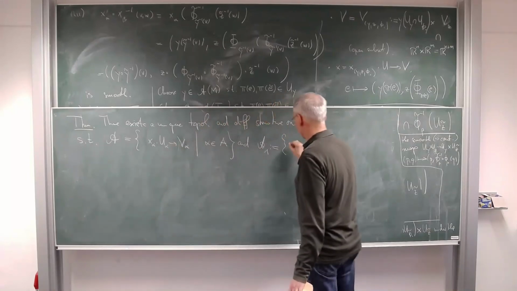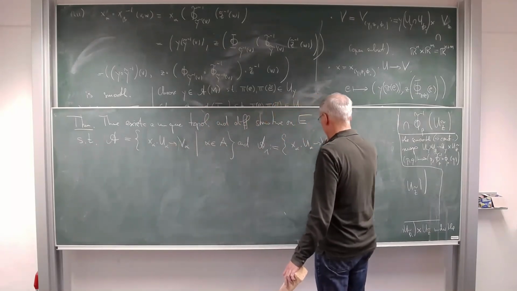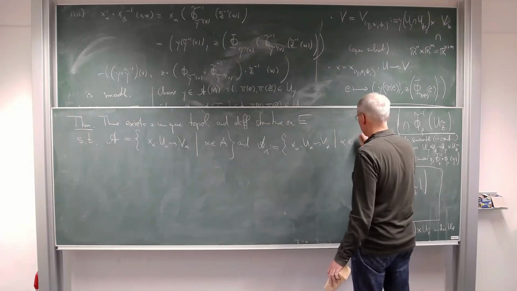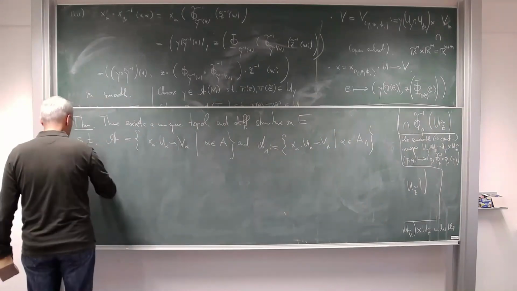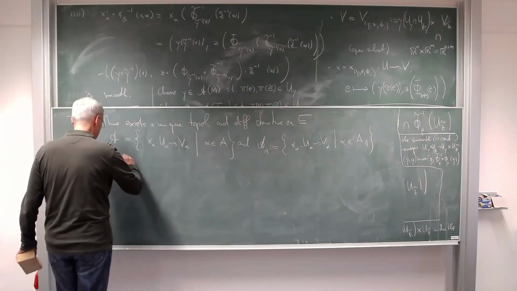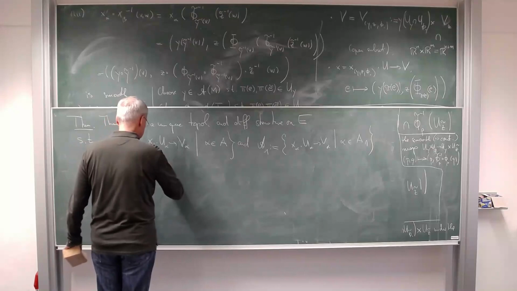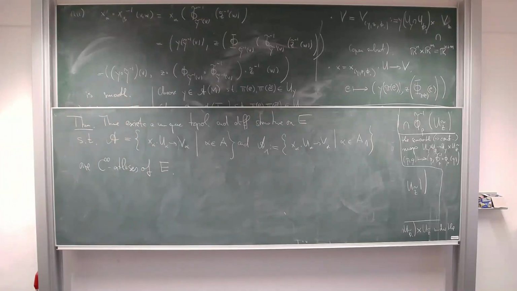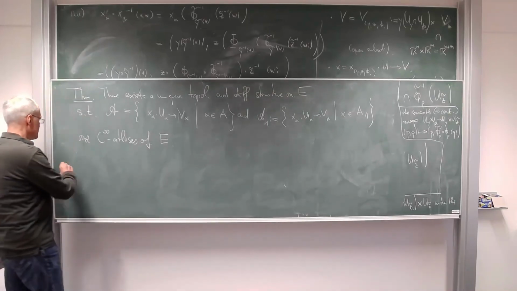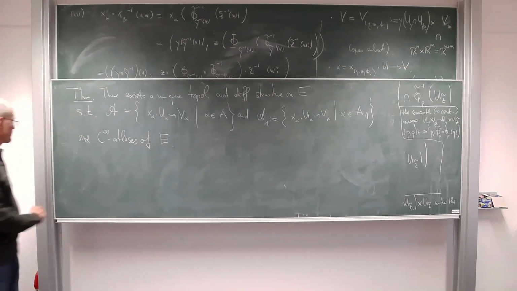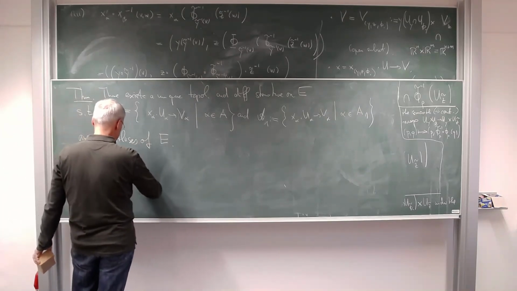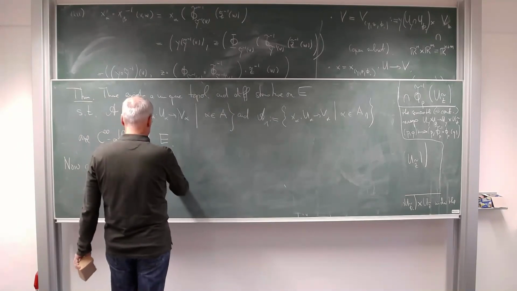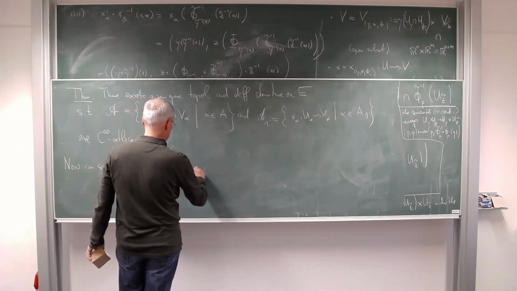So these charts that we have constructed, x_alpha from u_alpha to v_alpha, where alpha runs through A1, these two are C infinity atlases of E. In particular now, we can speak about continuous and smooth sections, C0, C infinity sections.